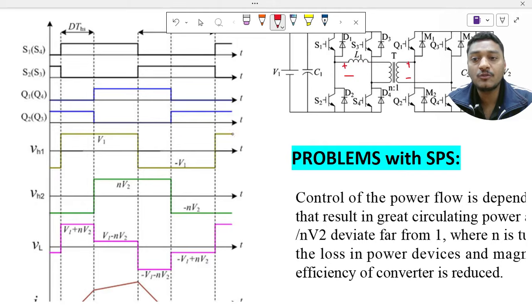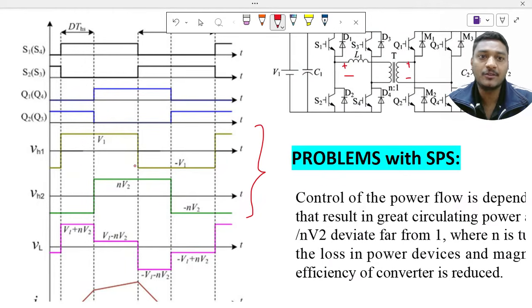Now what we need to observe is the nature of VH1 and VH2. VH1 has only two output levels, either positive or negative, that means either plus V1 or minus V1. So what is the thing we need to observe here? It has only two levels.